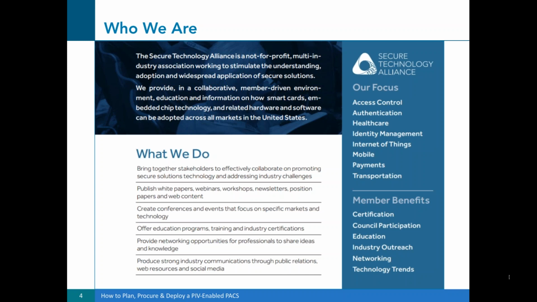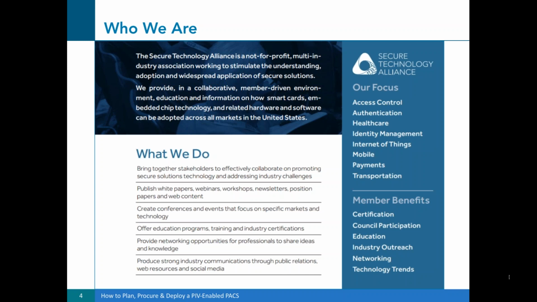The principal markets that we focus on include access control, which is the subject of today's webinar, also authentication, healthcare, identity management, Internet of Things, mobile, payments, and transportation. So we do cut across a wide variety of industry vertical markets that utilize this secure technology.